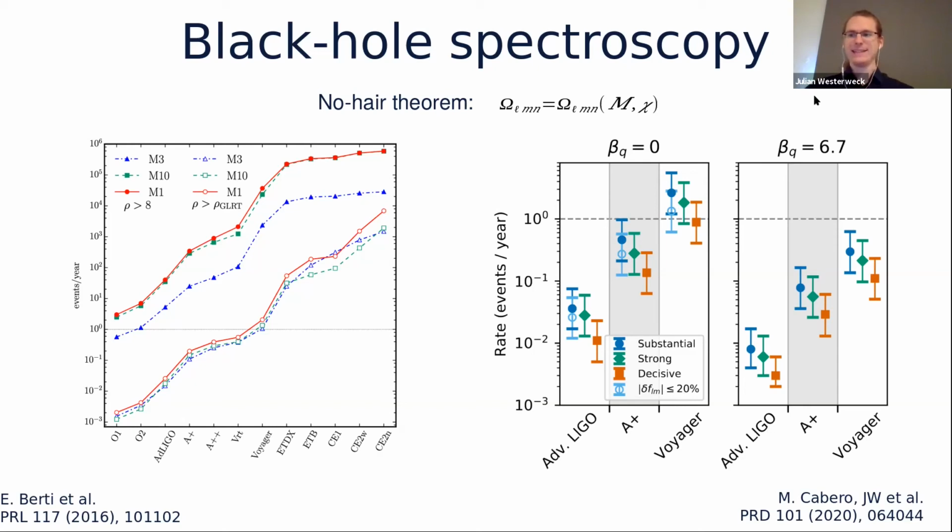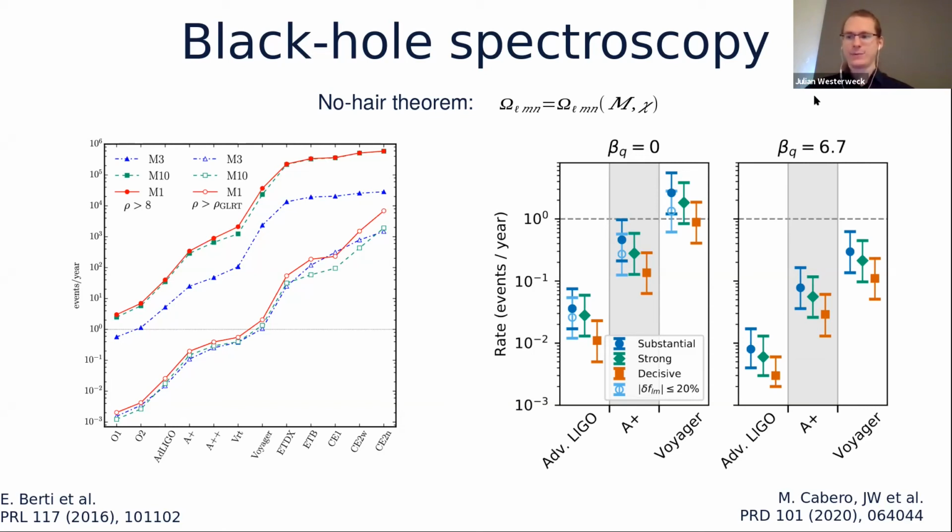The excitation of higher than the fundamental, that is the 2-2 mode, however, is generally small and depends on the initial perturbation and in particular on the mass ratio of the binary black hole.